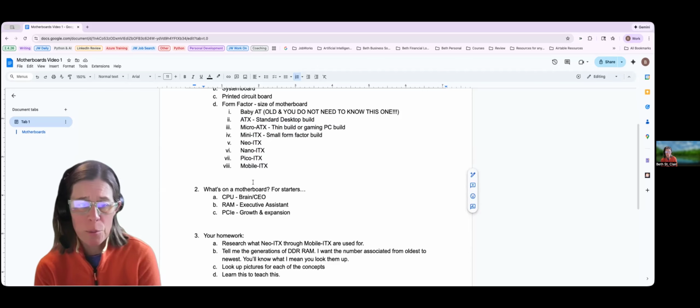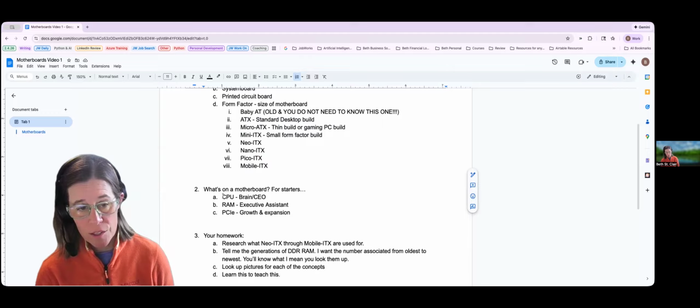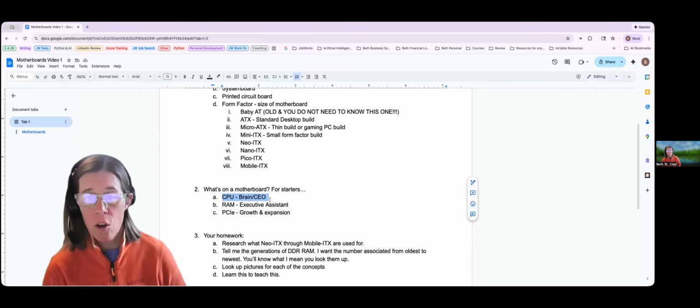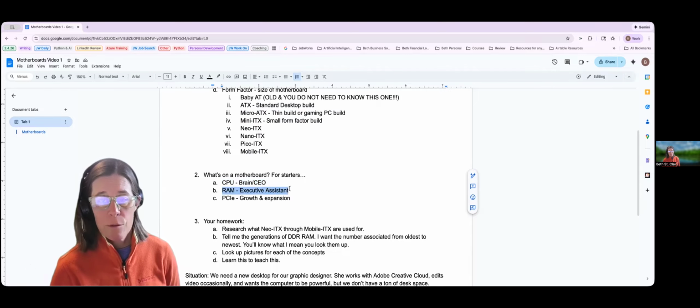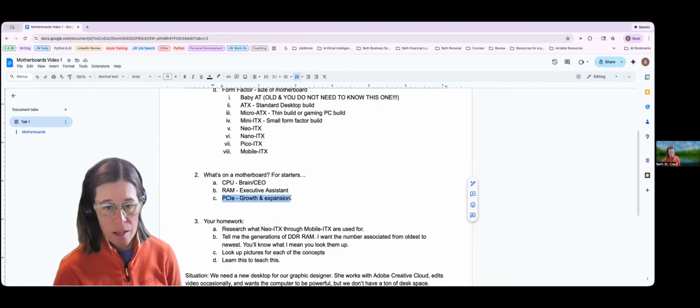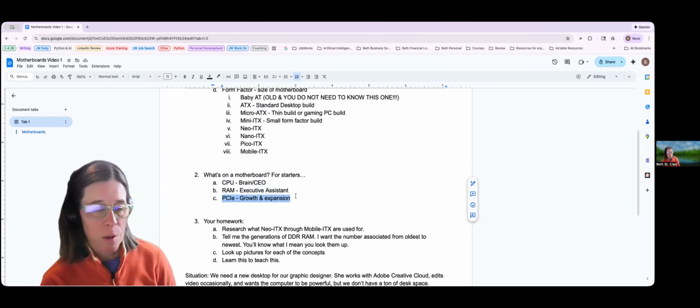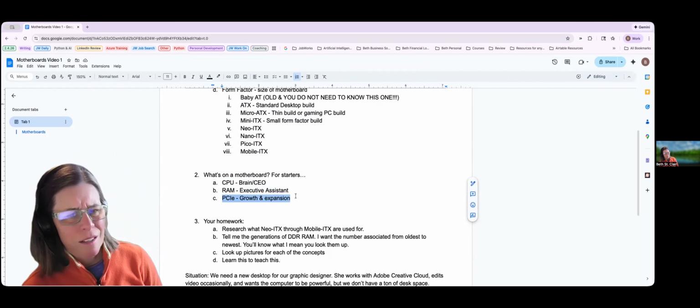There's a lot on the motherboard, but I just want you to know about these three things for starters. The CPU, which we can call the brain or the CEO. RAM, which stands for Random Access Memory. Think of it as an executive assistant. PCIe, which is peripheral, what is it? Peripheral connects in or something.